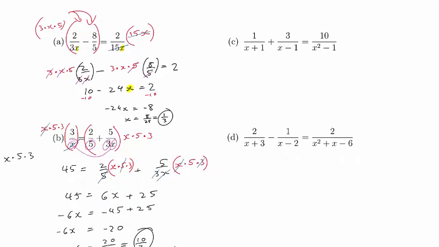Okay, so now the plot thickens a little bit. We've got all these guys here. Before we even begin, it's worth noting that x cannot equal negative 1. We can see that x cannot equal positive 1 either. Now, how do I know that?